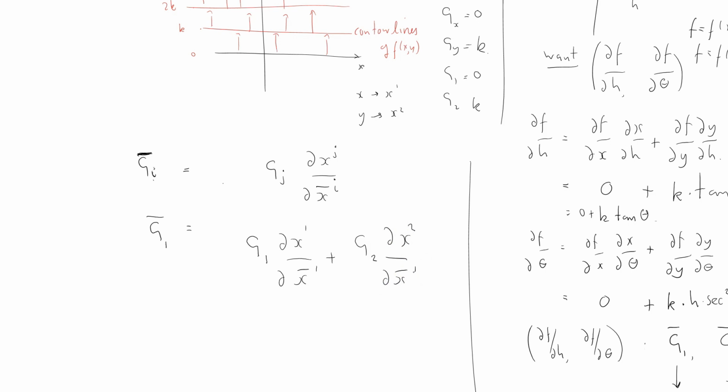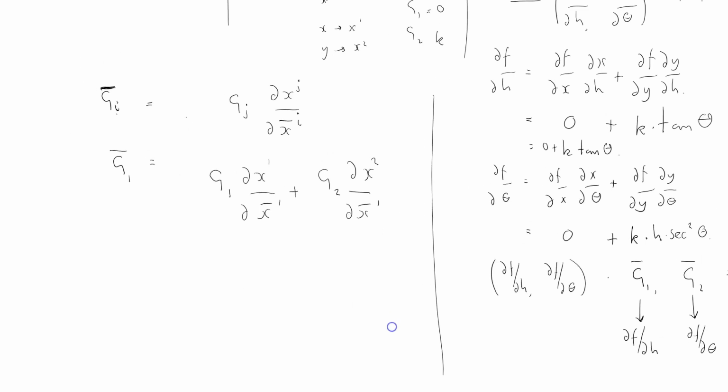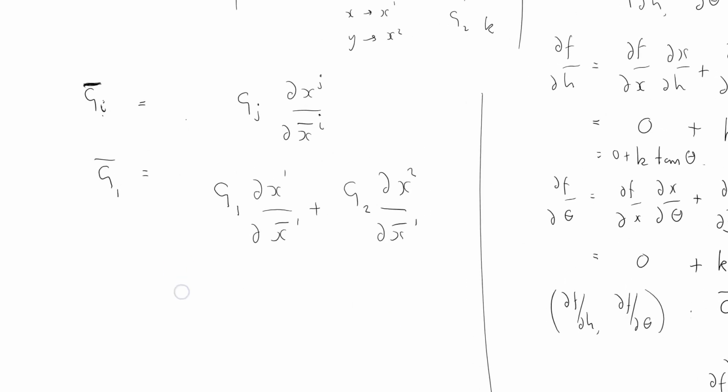So it should come out to be the same. Well, what are we trying to get here? We're trying to get k tan θ, aren't we? Okay, so what happens here? x1 and x2 are the same as x and y. That's just different notation. h and θ is x bar 1, and that's x bar 2.